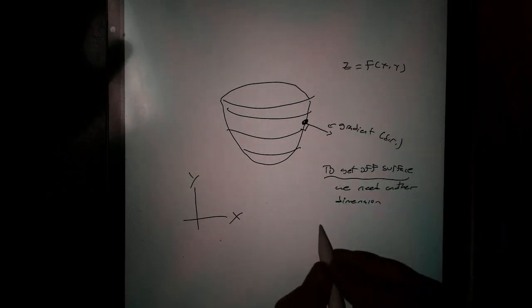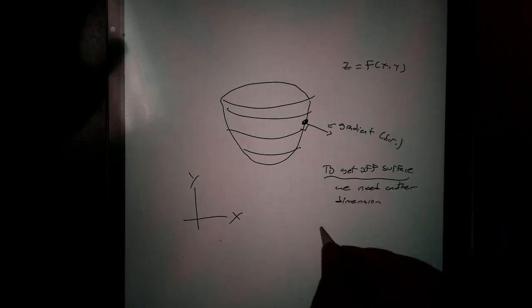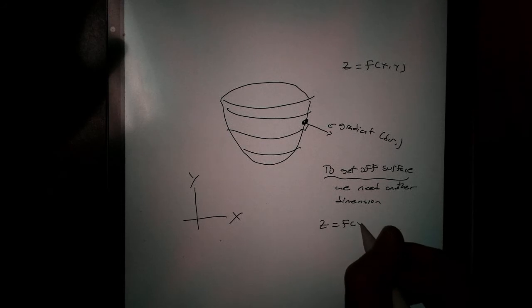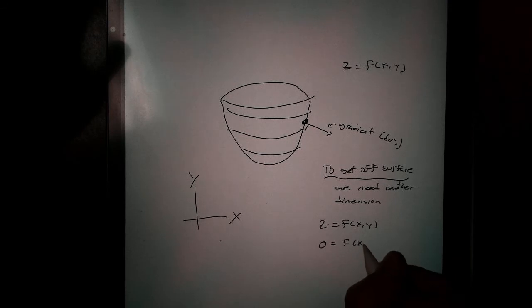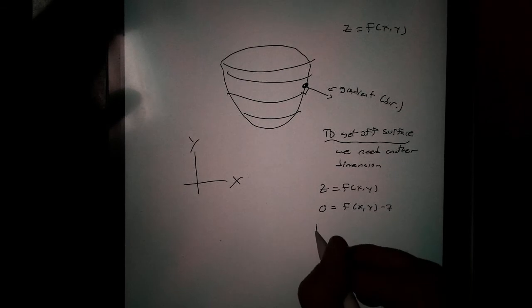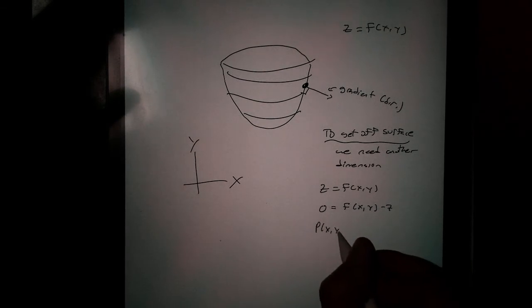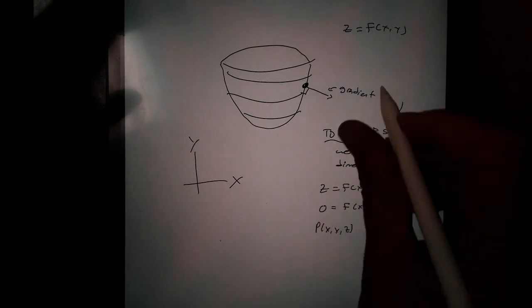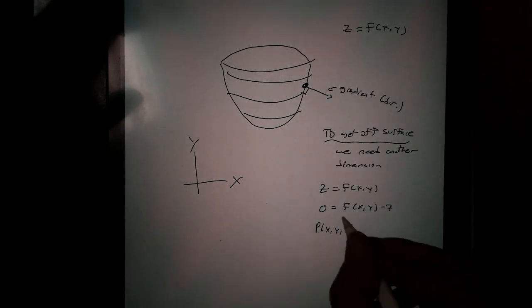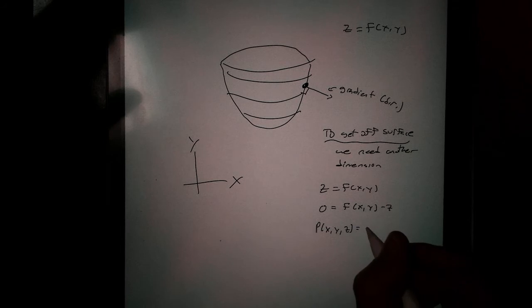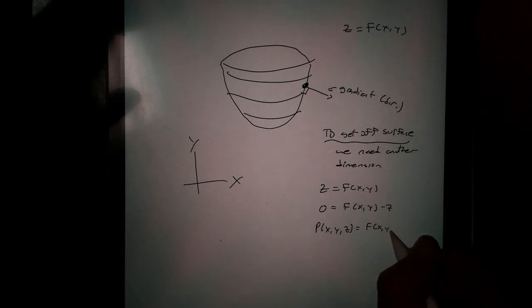If I have my function z equals f of x, y, to get my other dimension, I bring the z over. I would get 0 equals my function f of x, y minus z. And then I can just write this as my other equation. So now, instead of a three-dimensional surface, we're adding a fourth dimension, and that's going to equal f of x, y, z.